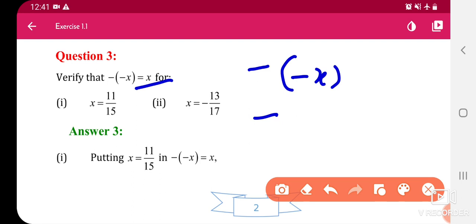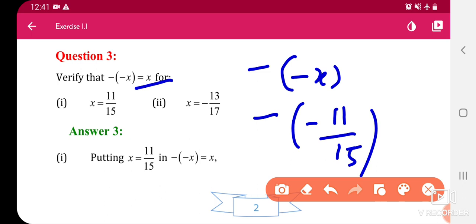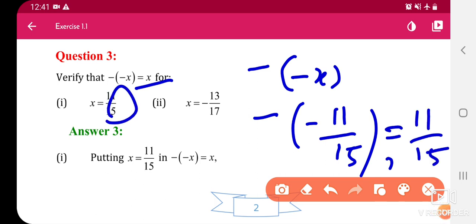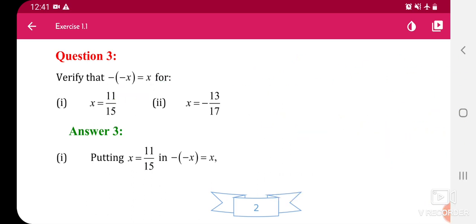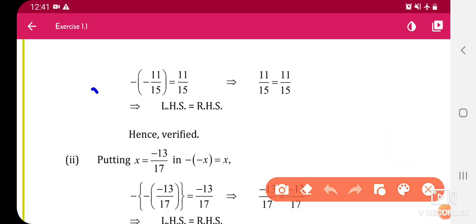This minus stays as it is, and the value of x is 11 upon 15. This minus and minus is plus. So after that this is 11 upon 15, and what is the 11 upon 15 here? It is x. So LHS equals RHS. We can see here minus and minus is plus and 11 upon 15.